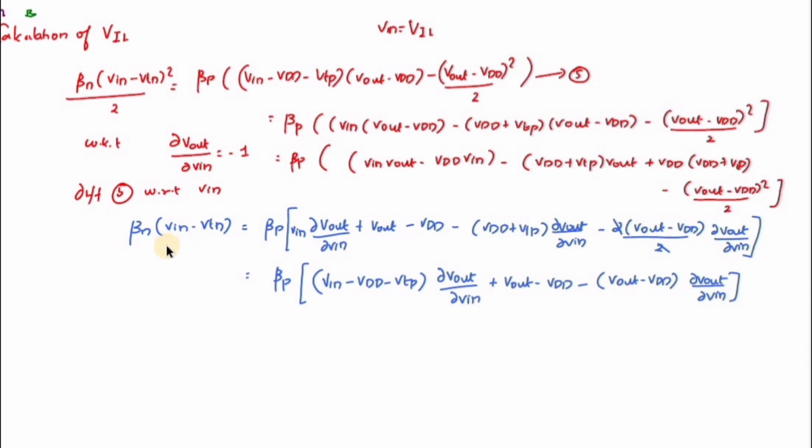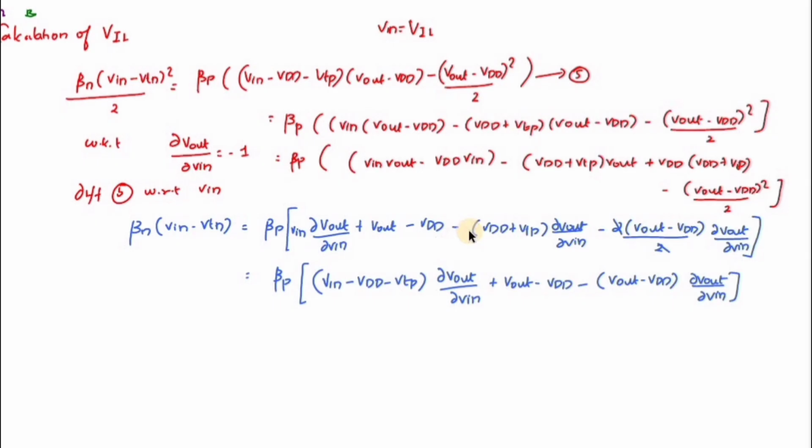So I will get 2 into beta n into V in minus VTN divided by 2. So 2 will get cancelled out. That is equal to beta P into V in. So here I have V out. If I differentiate V out with respect to V in, plus V out into dou V in by dou V in is 1. So I will get V out minus, again if I have V in, so dou V in divided by dou V in is -1.